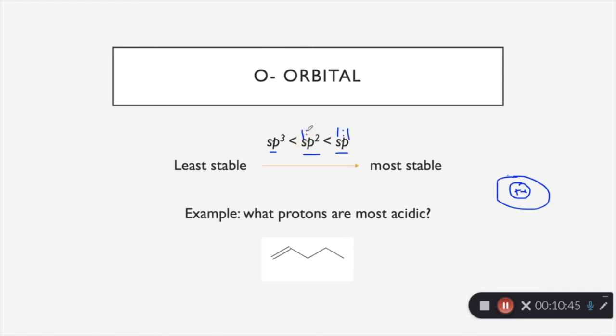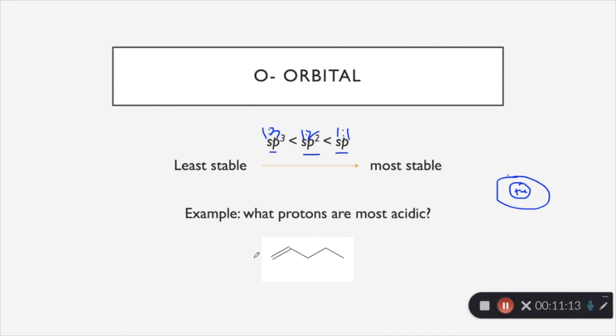So that's going to be two portions of P character. So it's going to have more P character, and P character is further away from the nucleus, which is not as stable. Same thing over here, you have one portion of S character to three portions of P character. So the reason that sp hybridized orbitals are more stable is because they are physically closer to the nucleus, because they have more S character.